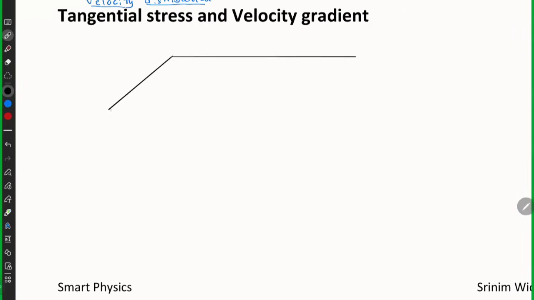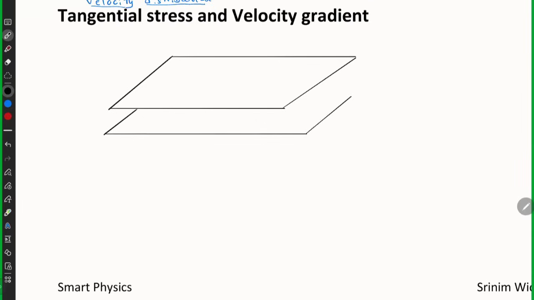If I draw a particular layer like this, and then another layer, there's a particular height difference, delta H. Now, suppose this top layer has a velocity of V plus delta V, and suppose the bottom layer has a velocity of V.